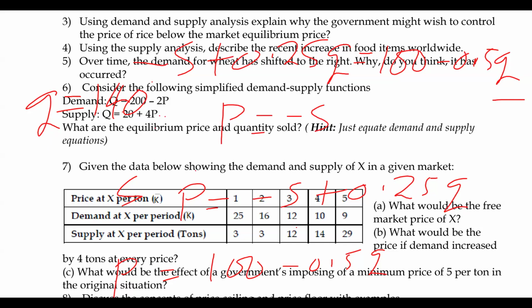Of course, the price in the supply function and in the demand function will be the same, but the price and the quantity are not the same. Let's pick the supply function.